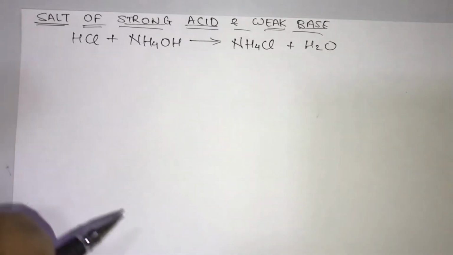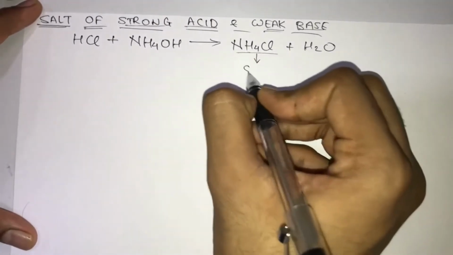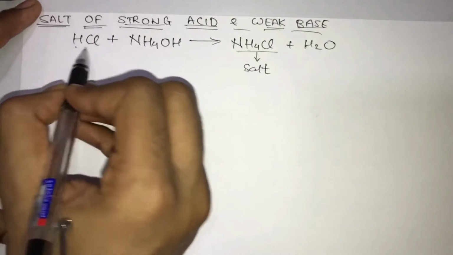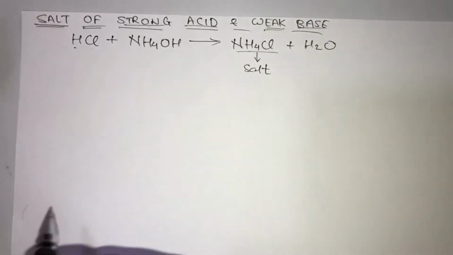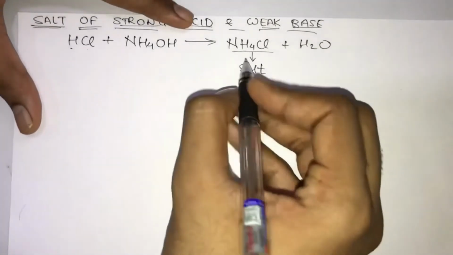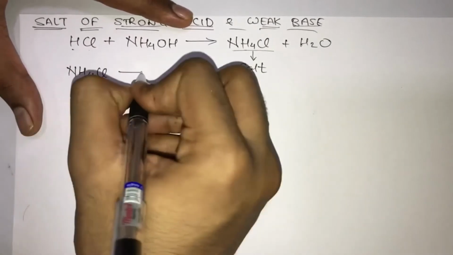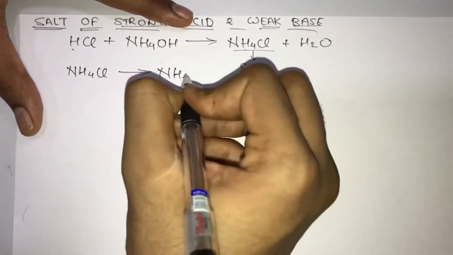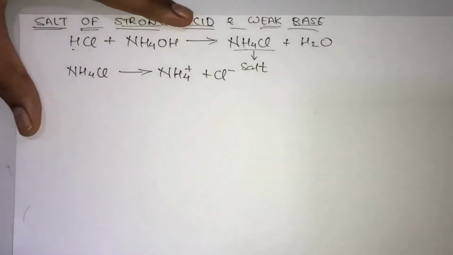Let us consider the salt NH4Cl, which is obtained by the reaction of a strong acid HCl and a weak base NH4OH. Now, as we all know, this salt is a strong electrolyte, and when dissolved in water, it will get completely dissociated into its ions, that is NH4 plus and Cl minus.